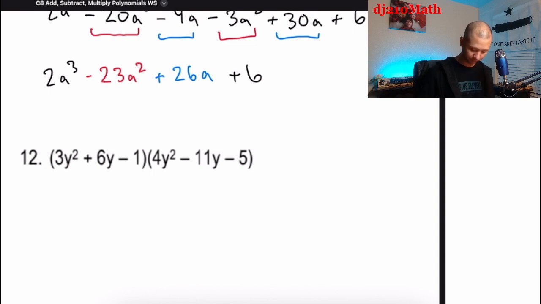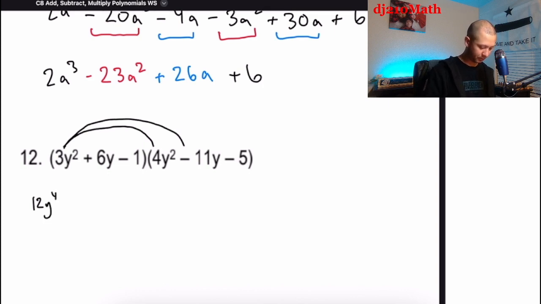All right, number 12. The first terms, we're going to get 12y to the fourth. Second term, negative 33y cubed. Third term, negative 15y squared.